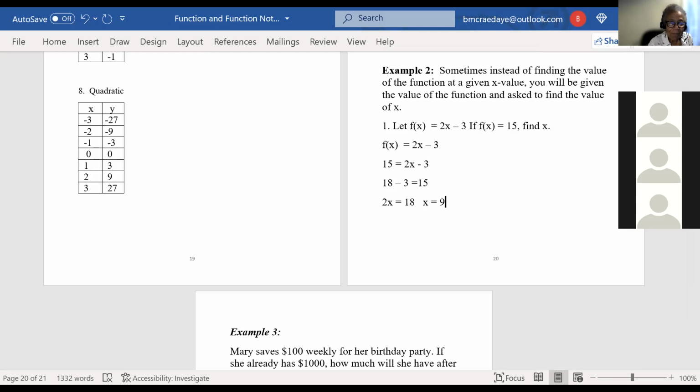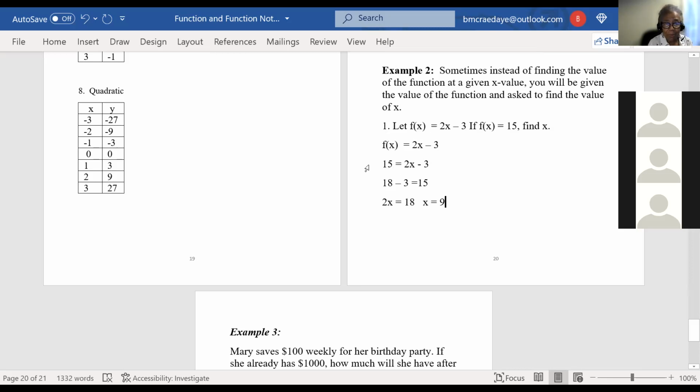Wait, let me see. Let me write this. Okay, so sometimes you're given, remember, this is what we've been calling our y value. That's our dependent variable. In other words, what's over on the right gives us our value on the left. So the x value, our input, gives us the 15, our output.